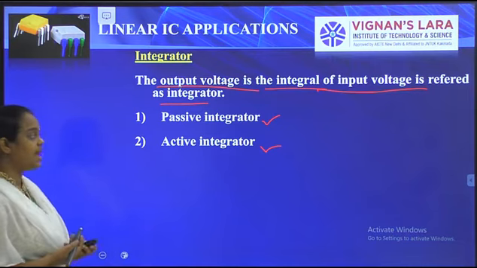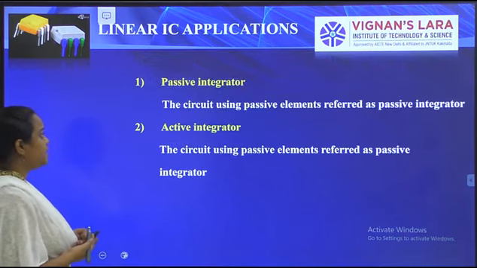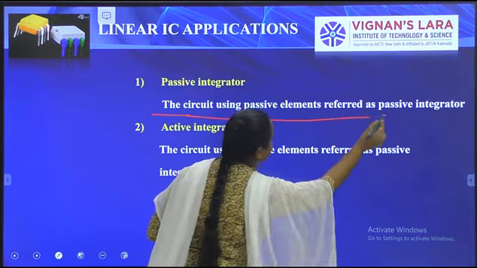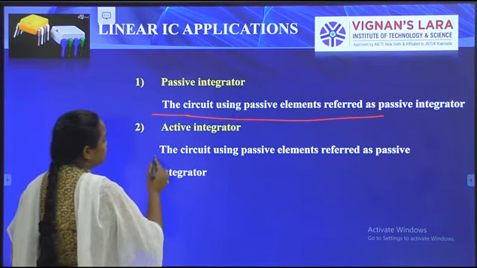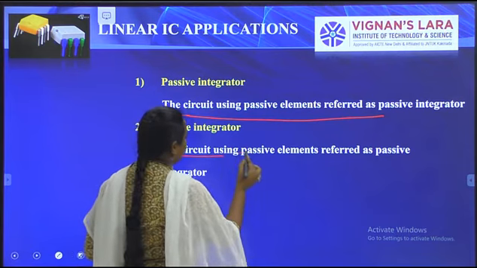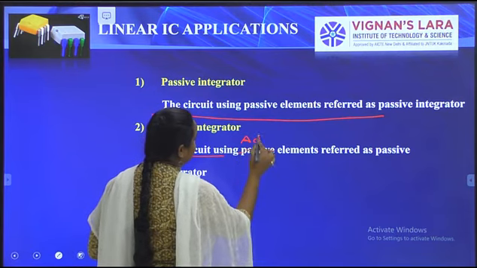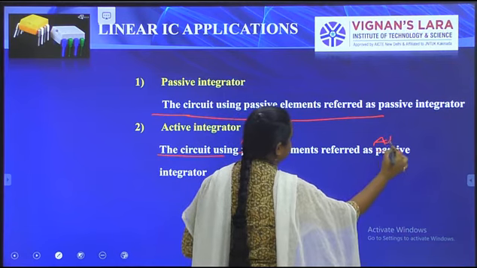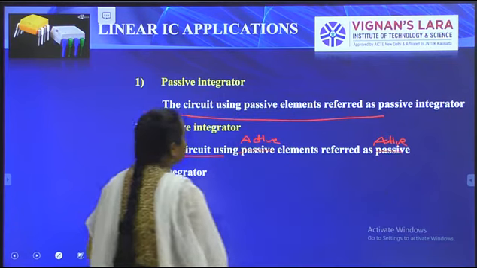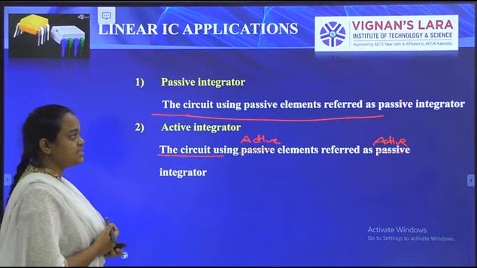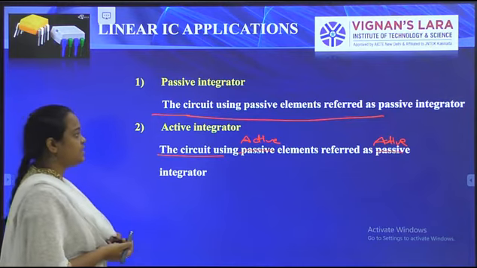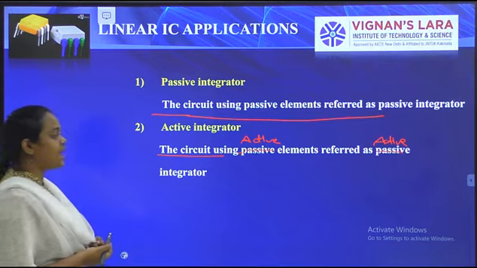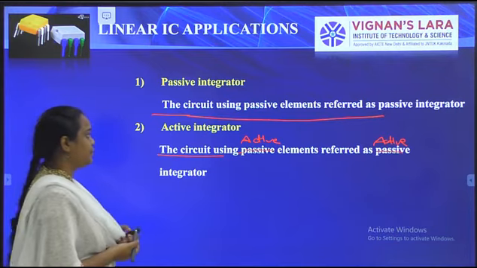So the circuit using passive elements is called a passive integrator, and the circuit using active elements is called an active integrator.